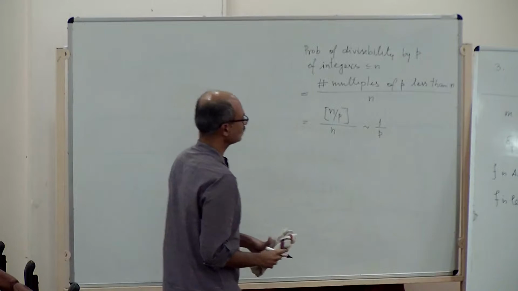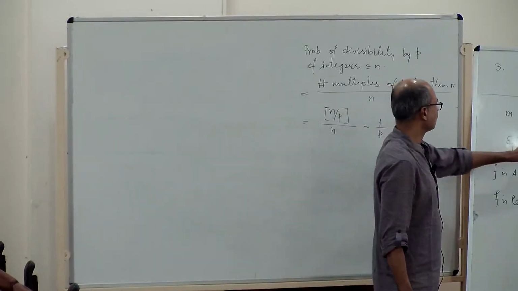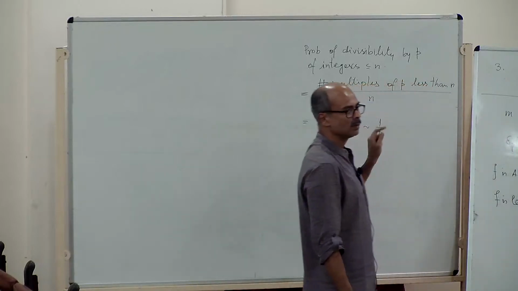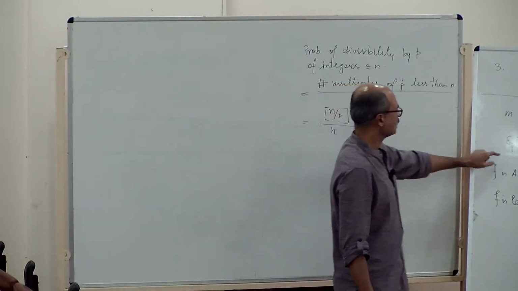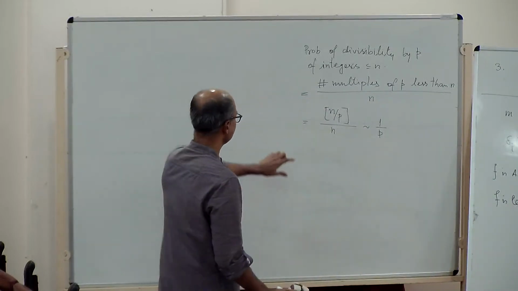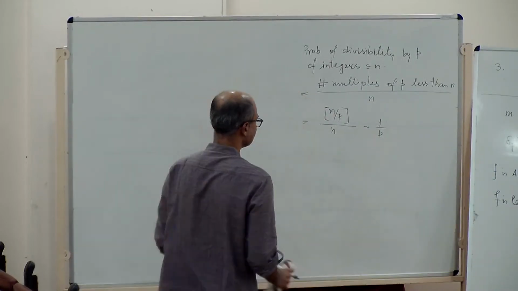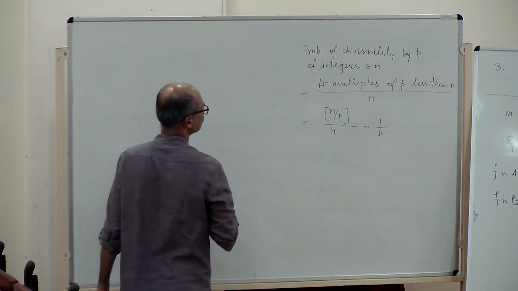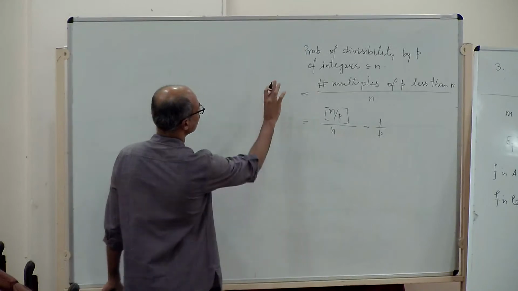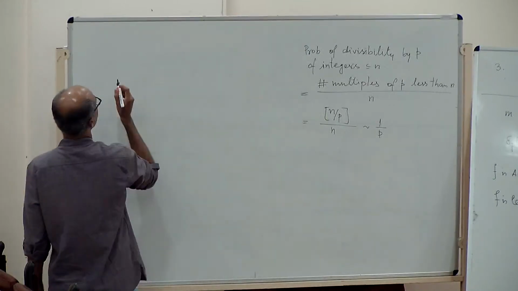So, 1 over p should be the probability that this delta p is 1. So, delta p should be 1 with a probability 1 over p, and delta p should be 0 with a probability 1 minus 1 over p. So, we are not going to use the rough model, but we write down a model.